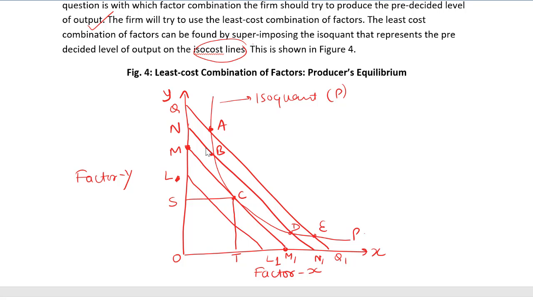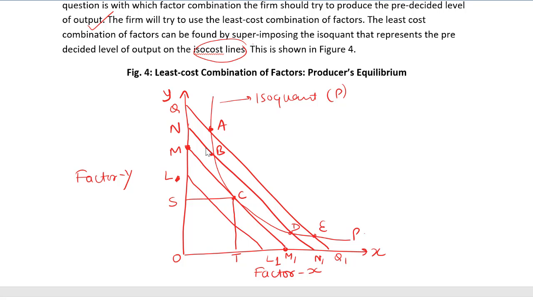Thus, the factor combination represented by point C is the optimum combination for the producer. This represents the least cost of producing 1000 units of output. So if you are producing at point C on the isoquant curve, that would give you the least cost, and the profit will be maximum, the producer will be in maximum benefit.